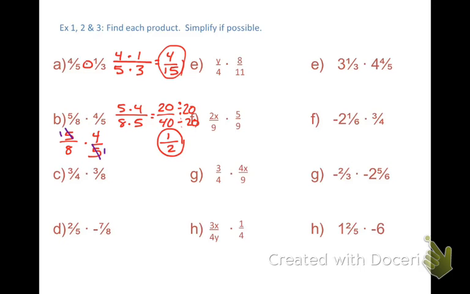So there you go. What can go into 4 and 8? Well, 4 can. That's my highest number. So that will be 1 and 2. And then I multiply across. 1 times 1 is 1. 2 times 1 is 2.